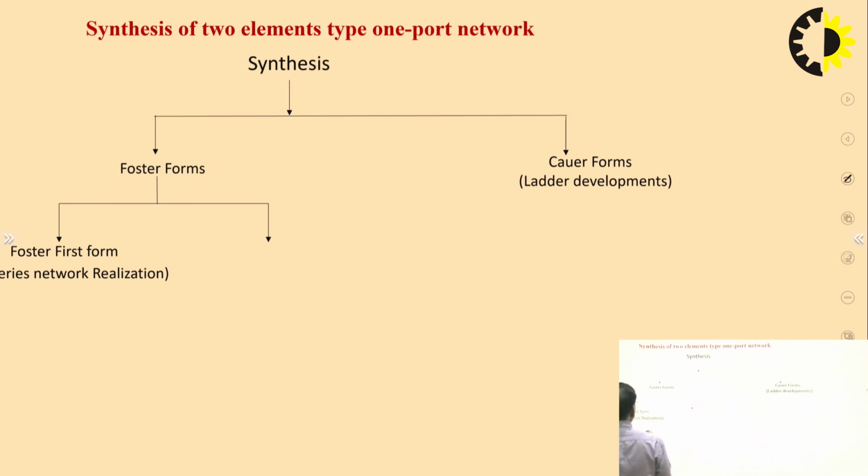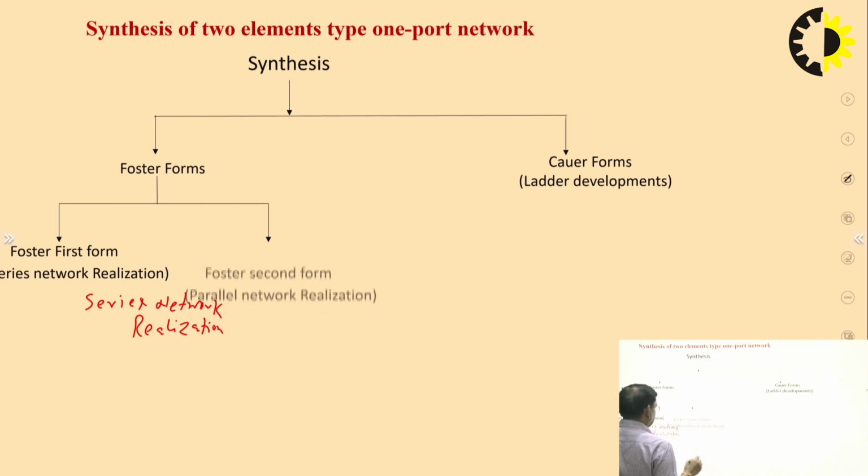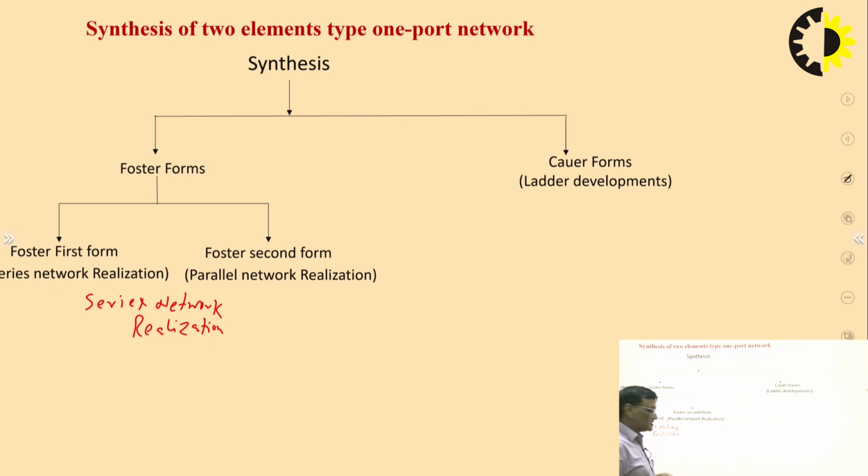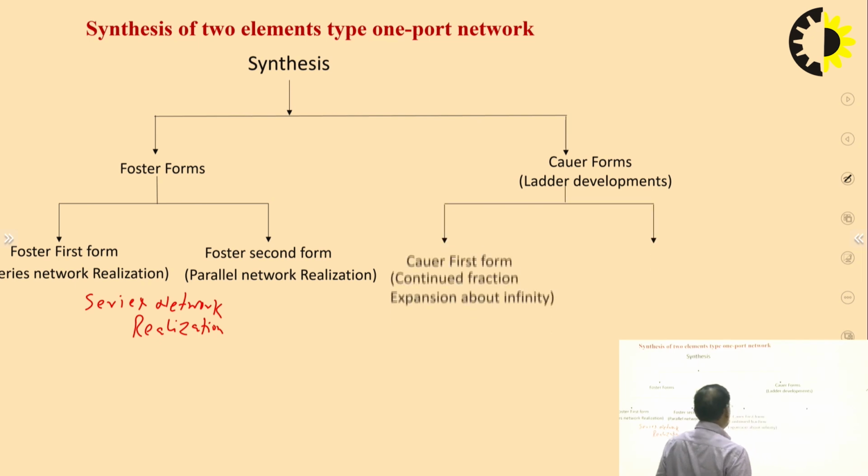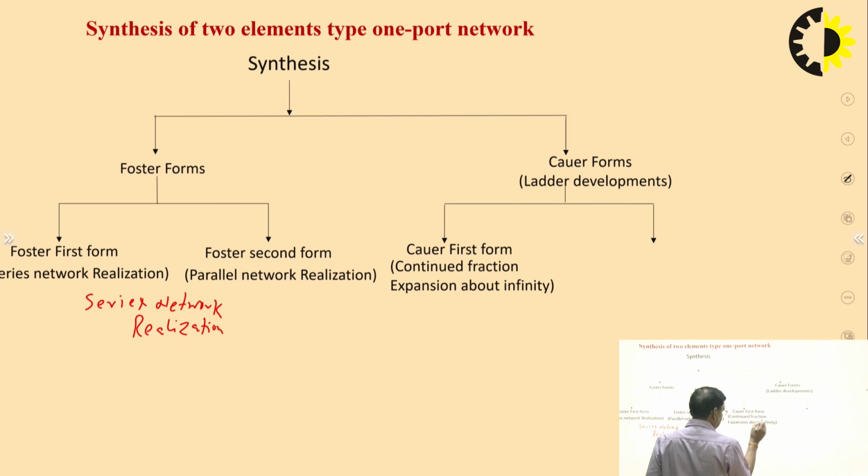In Foster second, it is the parallel network realization, where all the elements are connected in parallel. In Cauer form, there are 2 Cauer forms. First is continued fraction expansion about infinity.